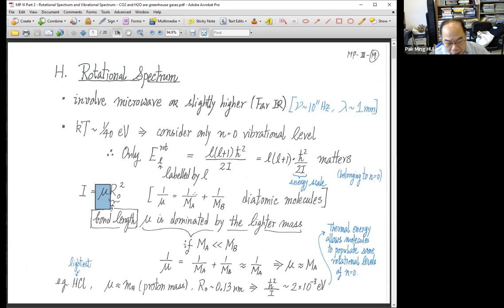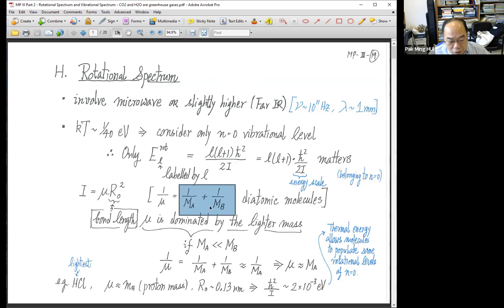It is given by 1 over M_A plus 1 over M_B, the reciprocal of the reduced mass. Think about it: if one is light, hydrogen, and one is heavy, then the lighter mass will dominate the sum of the reciprocals, right?